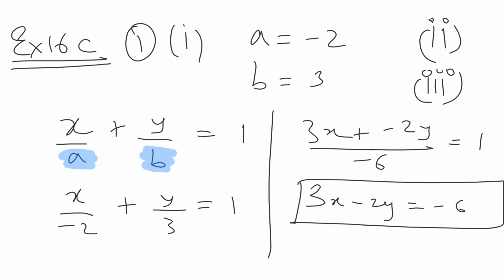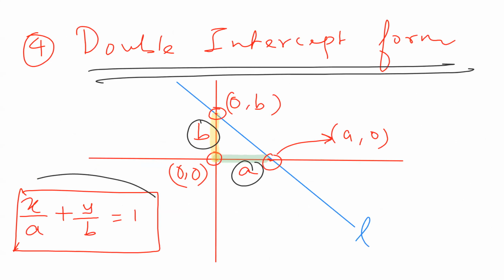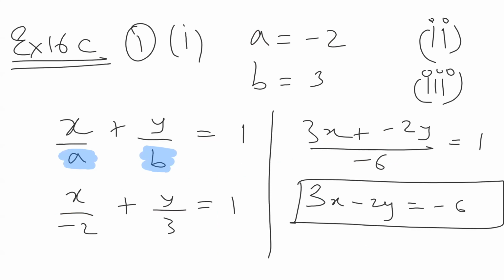But prior to that, in question number 1, the x-intercept and y-intercept were given to you. So the x-intercept is a and the y-intercept is b. By double intercept form, I have written the equation of the line x upon a plus y upon b is equal to 1, and then I have substituted the values of a and b.